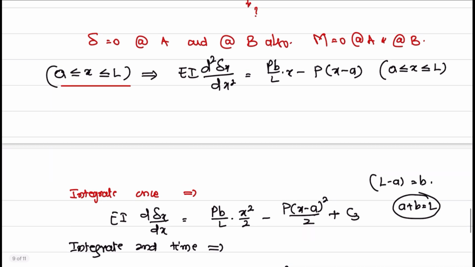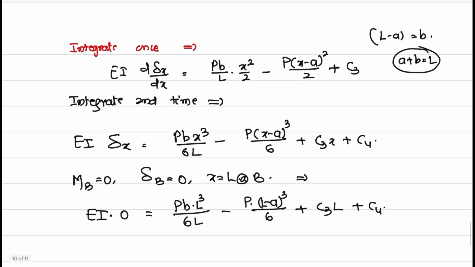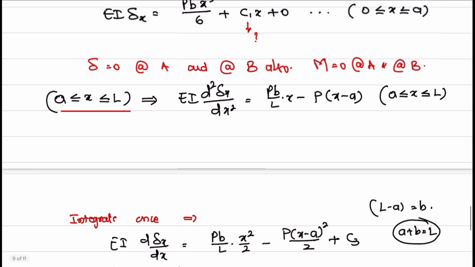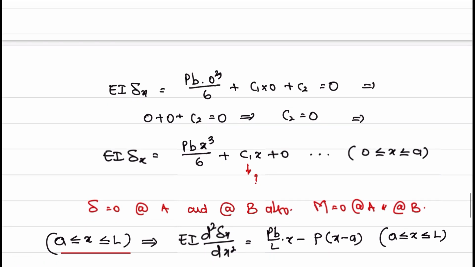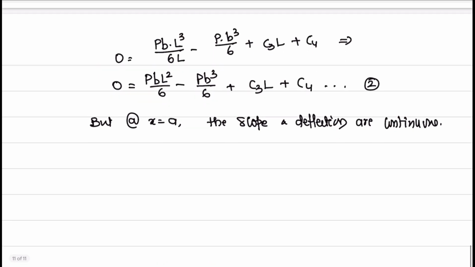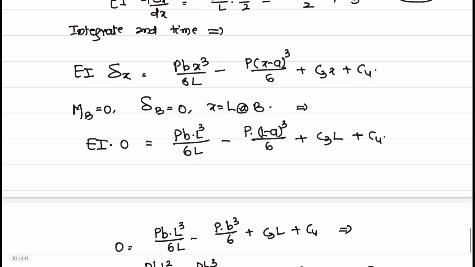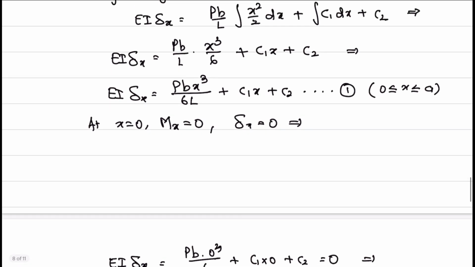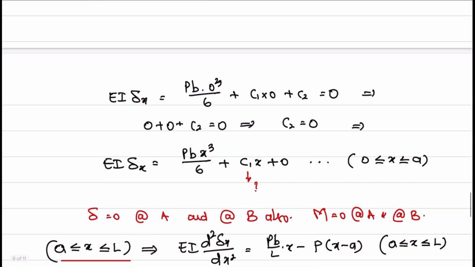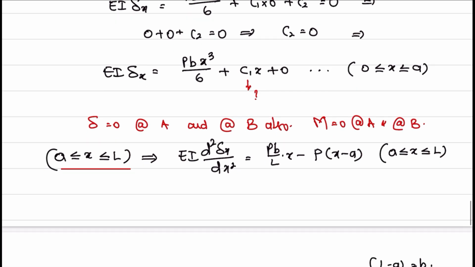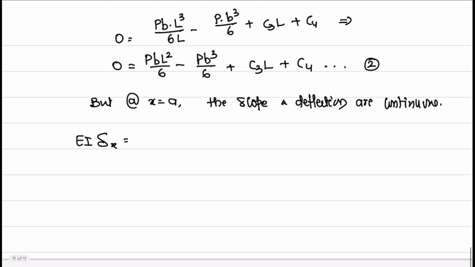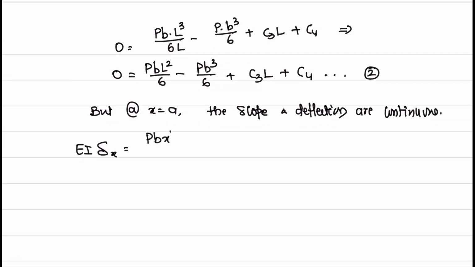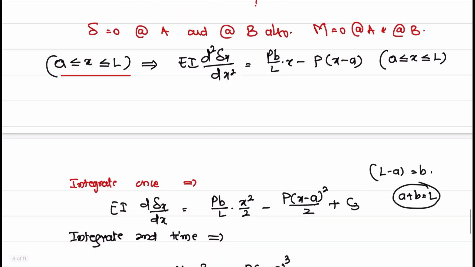This is the second equation. The first equation is what we have got, EI delta x is equal to PB x cube by 6 plus C1x.